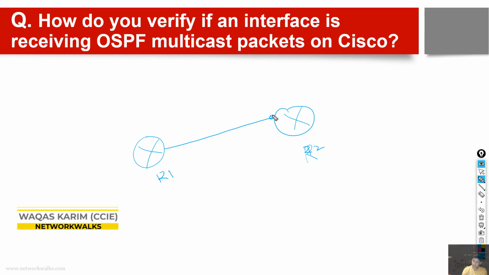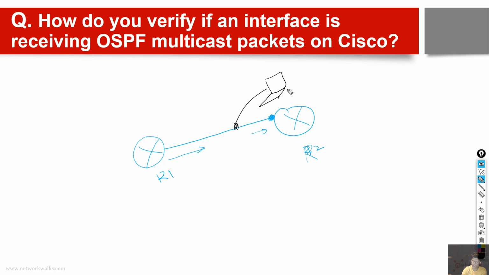If you want to verify whether router 2 is receiving multicast packets, 224.0.0.5 or .6, one thing is we can put a packet capture here. We can install a laptop or use Wireshark, and see from the packet level whether it's receiving multicast or not, whether R1 is sending or not.